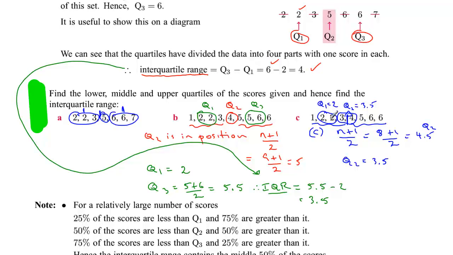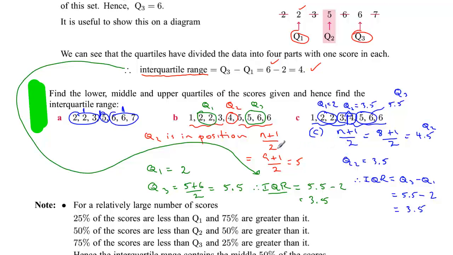That's our first quartile, and there's 5 and 6, so that's 5.5. That is our upper quartile Q3. So therefore the interquartile range is equal to Q3 minus Q1, and that would be 5.5 minus 2. So in that case too, we have an interquartile range of 3.5.